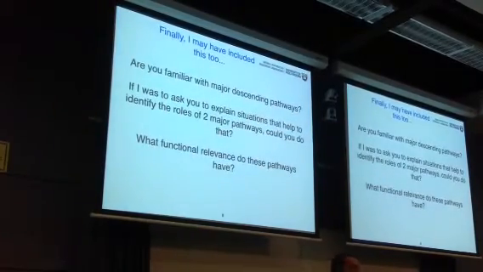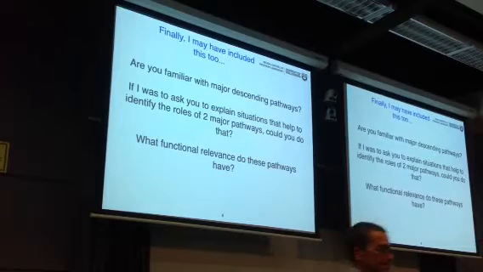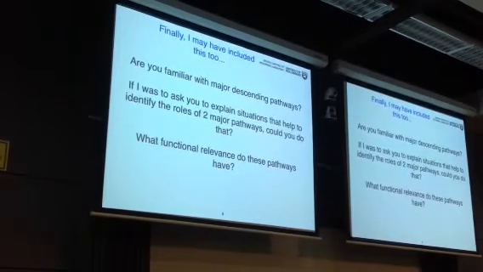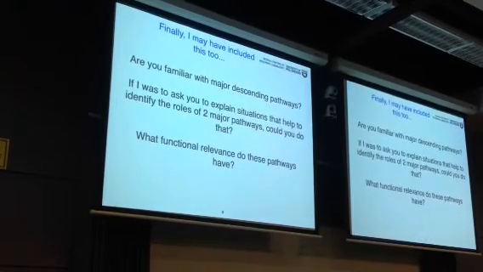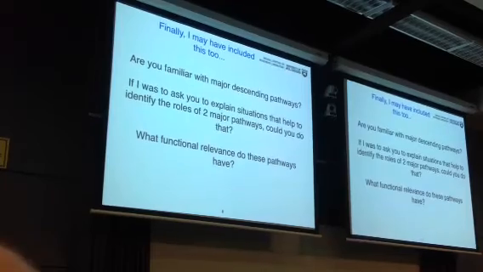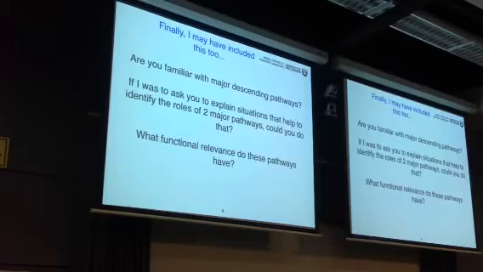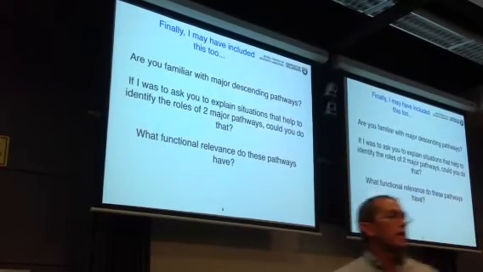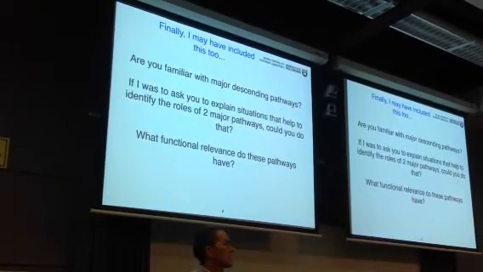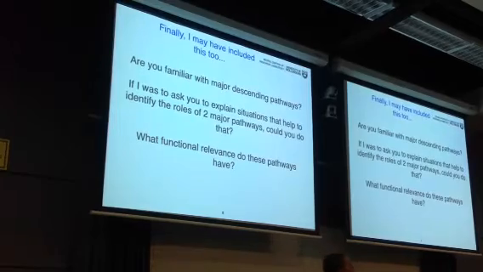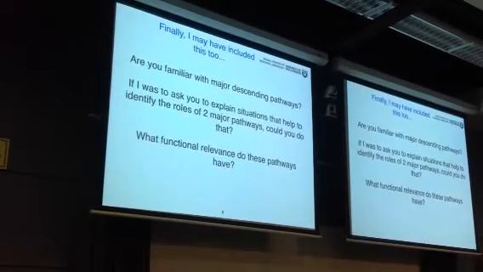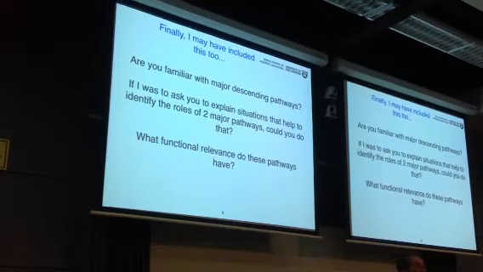Last one. I may have included this too. Are you familiar with major descending pathways? If I was to ask you to explain situations that help to identify the roles of two pathways, could you do that? What types of pathways? Reticulospinal, vestibulospinal.